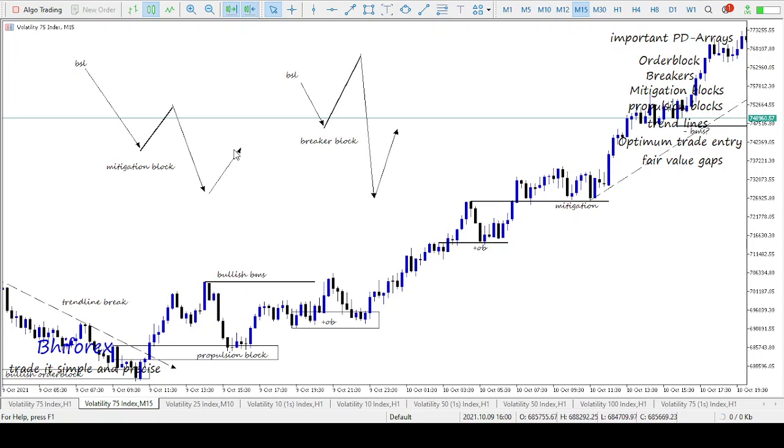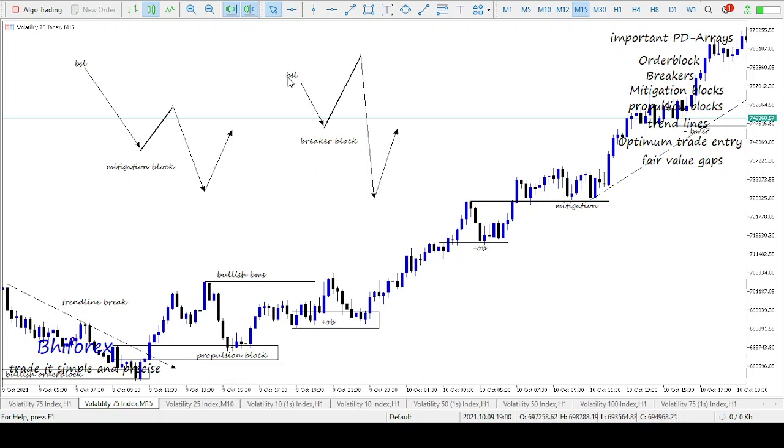Sometimes they come a little bit higher into premium. We are considering a bearish scenario here, a bearish market condition. We come a little bit maybe into the 0.79 optimum trade entry, and sometimes they just stop here. It's still mitigation, okay?